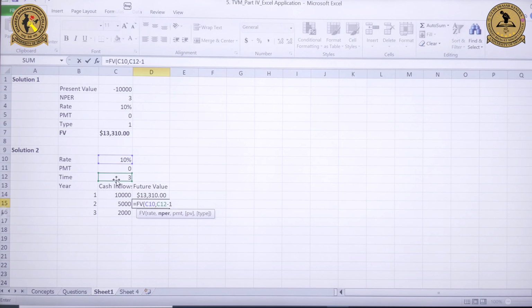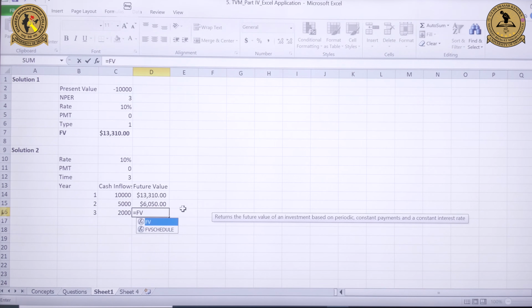Since the amount remains invested for 2 years, I am writing 3 minus 1, which is 2. PMT again is 0. Present value is minus 5,000, which is your C15, comma. Since the payment is being made at the beginning of the period, I need to type 1 over here. Bracket close and enter. It comes out to be 6,050.